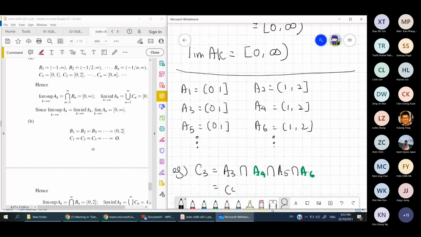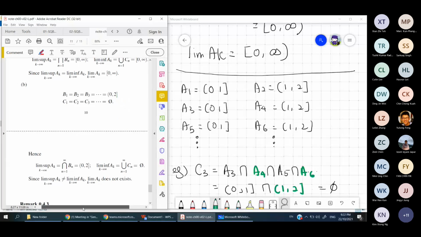So 0 to 1 intersect with 1 to 2. So this will be empty. I think I better use a green color. This is an even term, this is the odd term, so we will get the empty set.